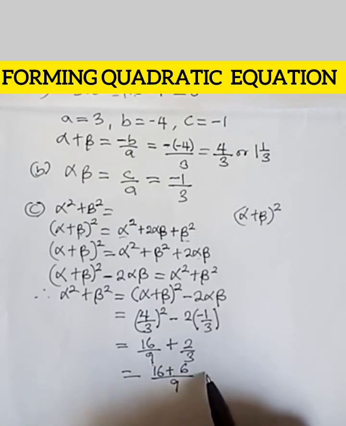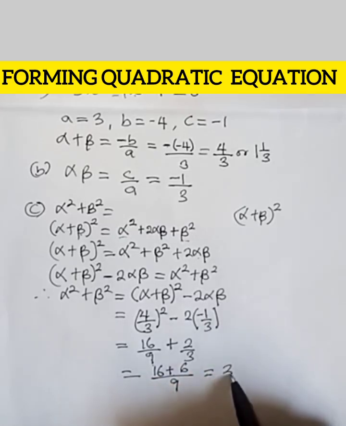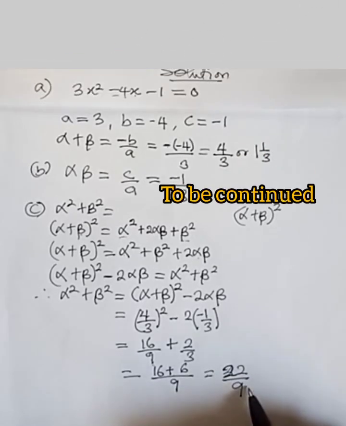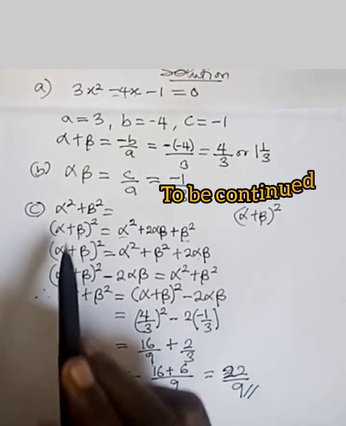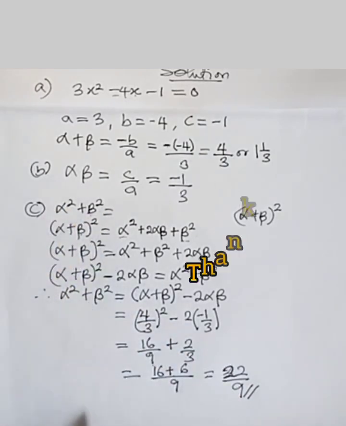Now if you add these two together, we are going to have 22/9. So this will be our answer for alpha square plus beta square.